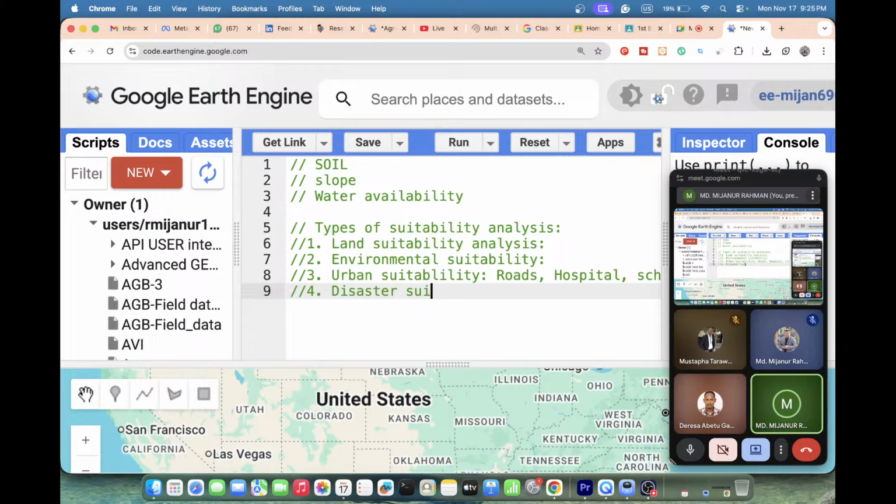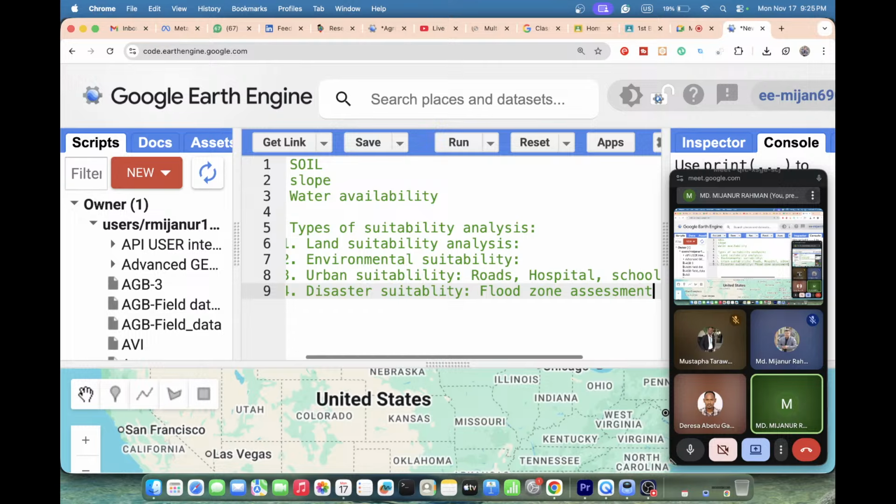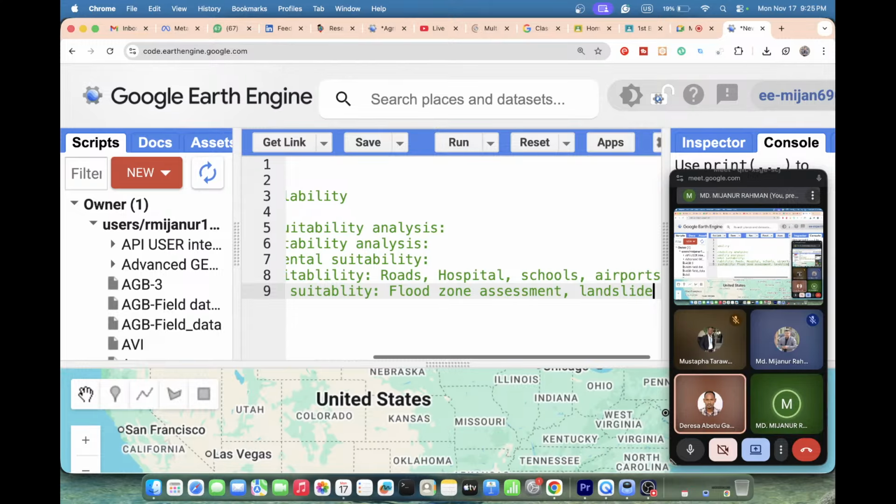Then you can also do another one called disaster suitability. We can do flood zone assessment. You already know how we can identify flood prone areas. In the previous class I discussed how we can identify flood prone or landslide prone areas.